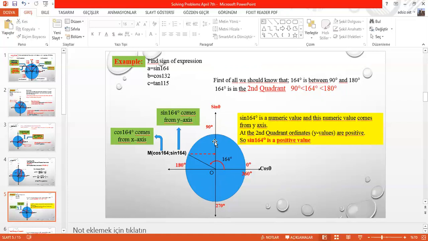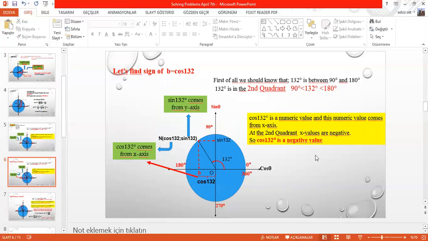Now sine 164 is a numeric value that comes from the y-axis, and in the second quadrant the ordinate, the y values, are positive, so sine 164 degrees is positive. When we talk about cosine 164, it comes from the x-axis, and the x values in the second quadrant are negative, so cosine 164 must be negative. Now the next page.